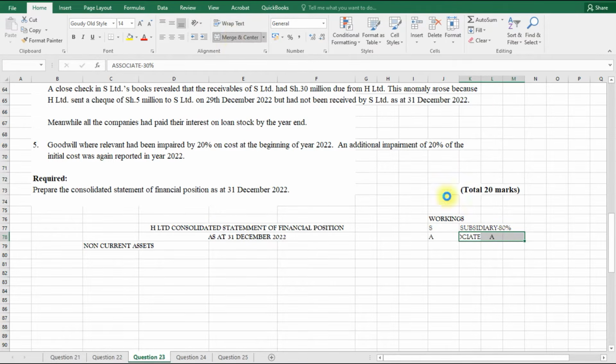And I will merge that way, subsidiary 80.